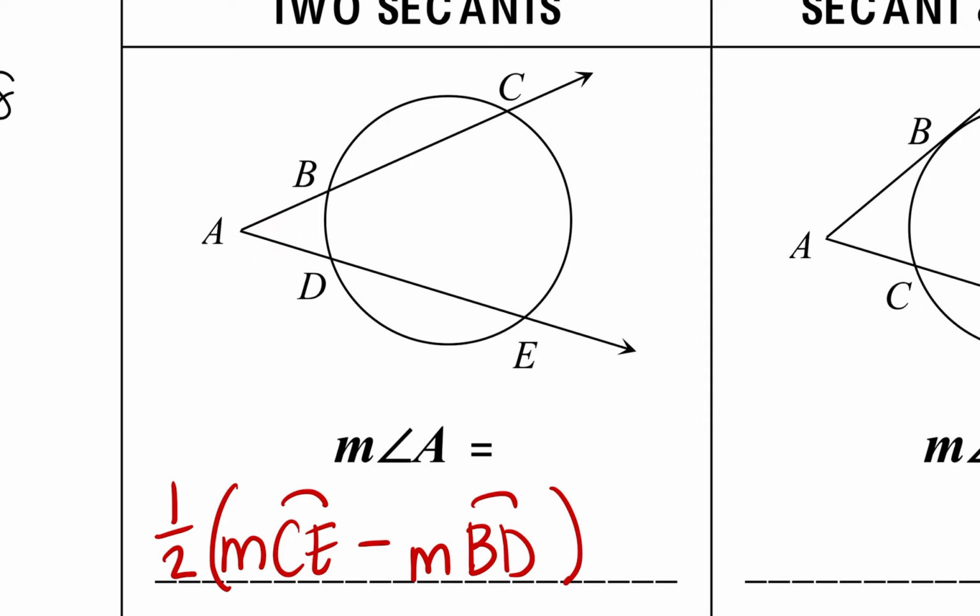In order to get this angle here, you would have to take that larger arc that is between the two secant lines and subtract the smaller arc from it. And then once you do that, make sure you take half of that answer.